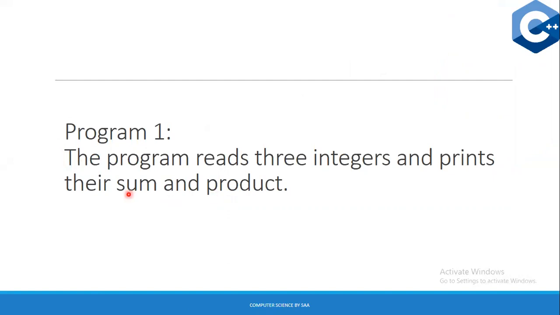Here you need to understand the statement. We have to read the three integers. Read means we have to get the values from the users, and then from those integers we have to find out the sum and the product.